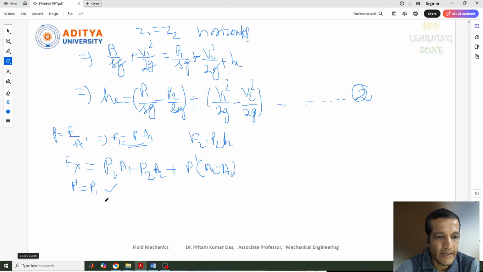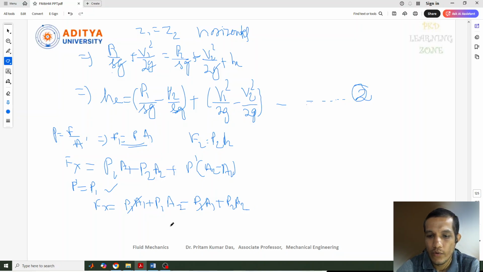So if this is the case, then we can consider Fx equal to P1 A1 minus P1 A1 plus P1 A2 minus P2 A2, elaborating this. Now you can cancel the P1 A1 terms. So what remains? P1 A2 minus P2 A2.